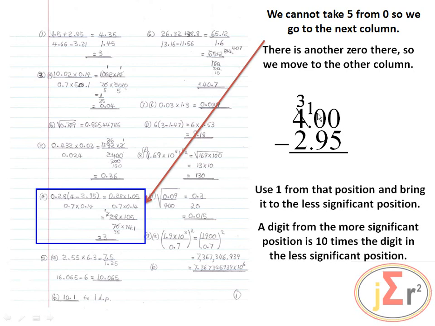In mathematics, if we are going from right to left, we are always increasing by powers of 10.